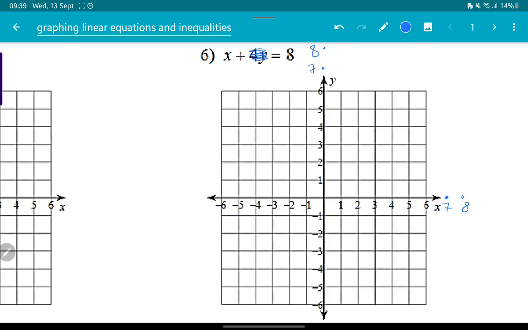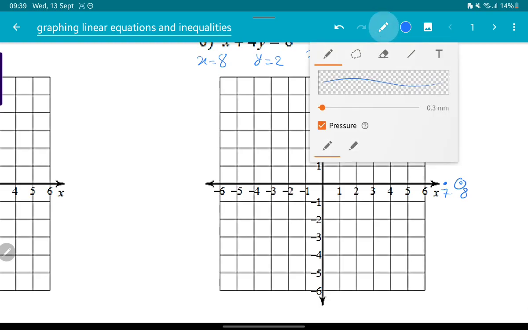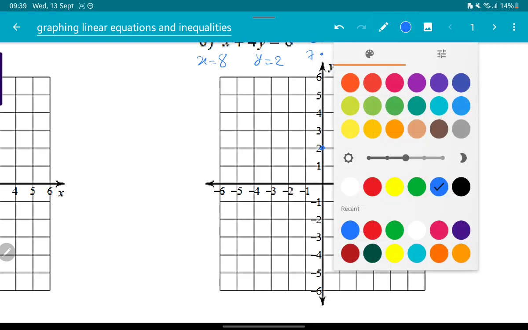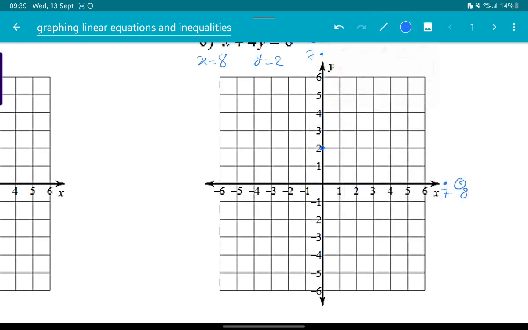Now when you cancel y, x will be 8. So this is the x-intercept. When you cancel x, y will be 8 divided by 4, which is 2. So x equals 8, y equals 2. Now you have the x-intercept and the y-intercept. When you connect them, you will have the graph.